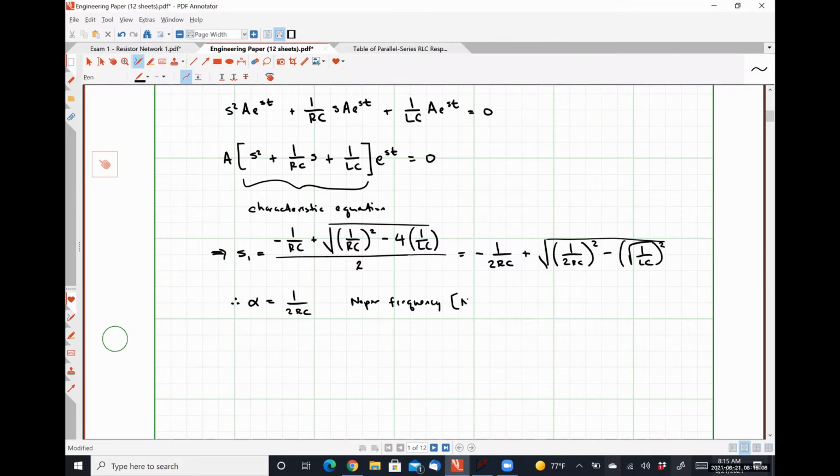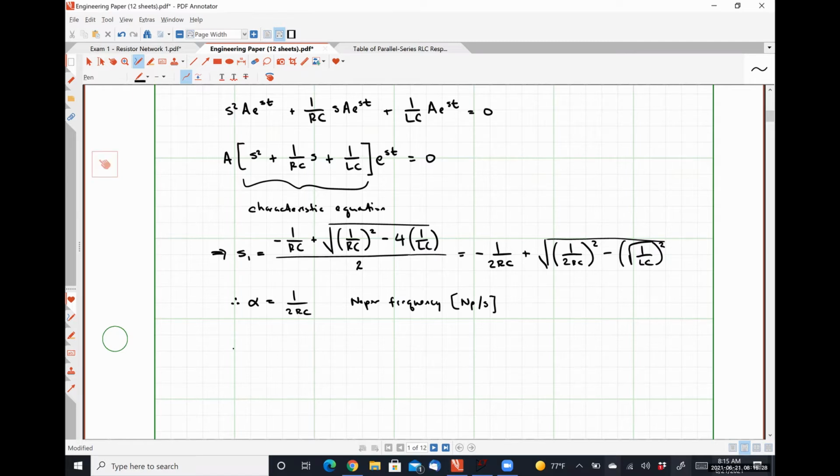It has units of Nepers, which is a dimensionless quantity, per second, and it represents how quickly this system decays. So it is similar to a time constant. It's not the same thing, but it's very similar to a time constant.